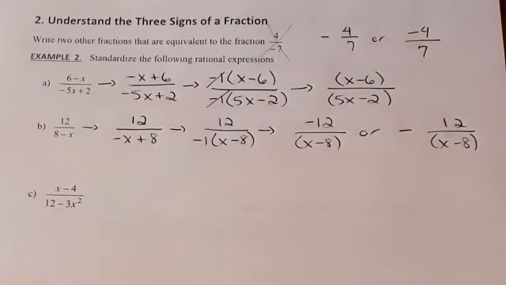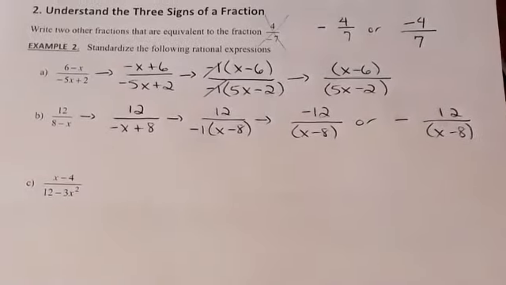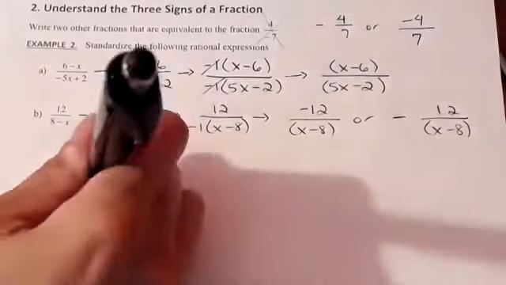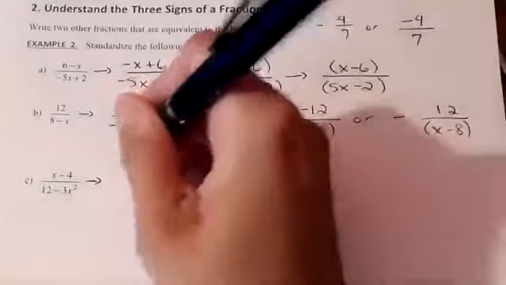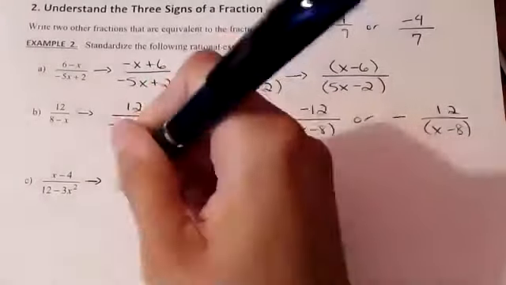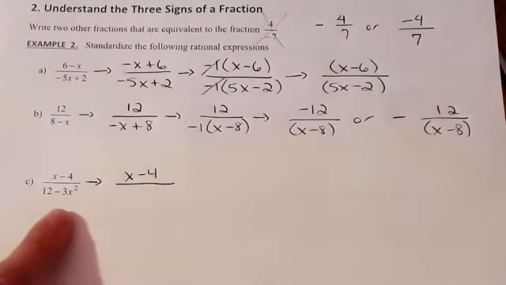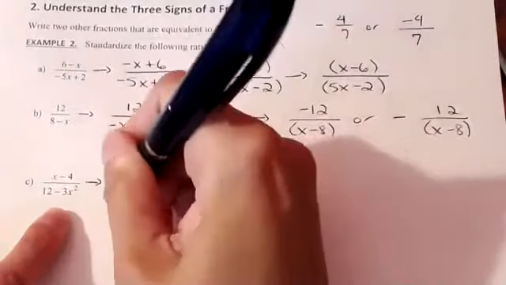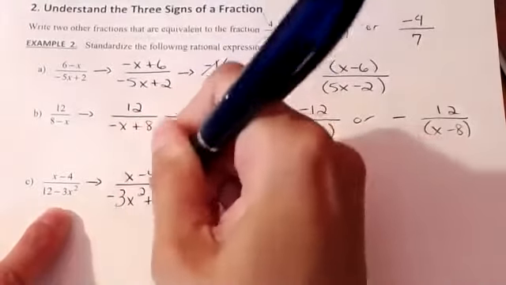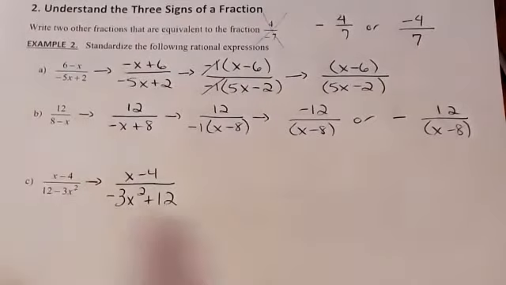Let's do part C. We have x minus 4 in the numerator. Someone else, would you rewrite the denominator so that it is in descending order? Negative 3x squared plus 12. Yes, perfect. So here's my denominator in descending order. Notice the numerator, we're good.